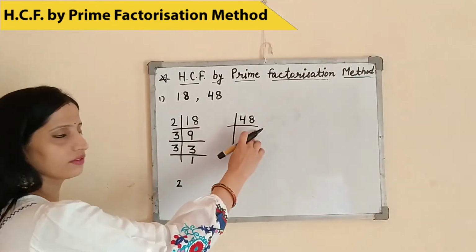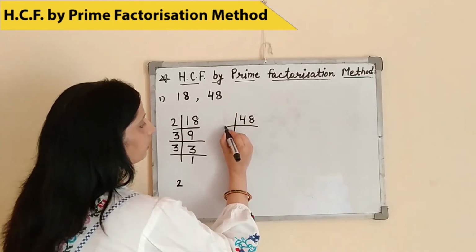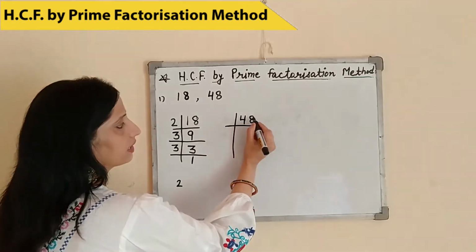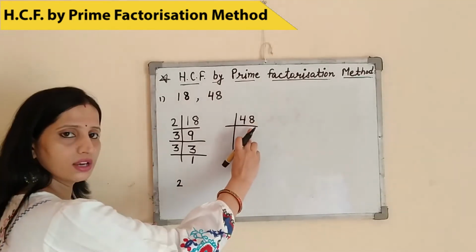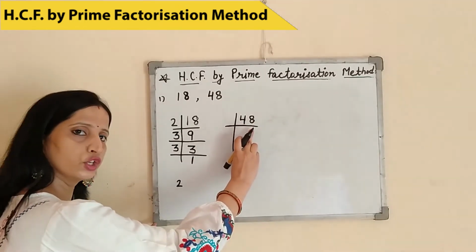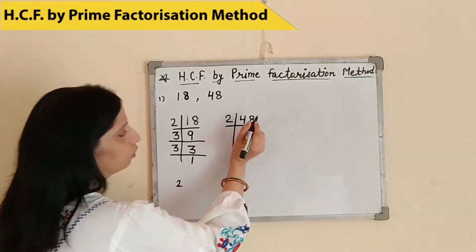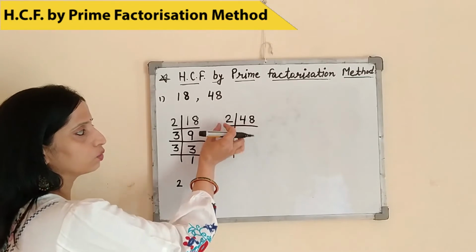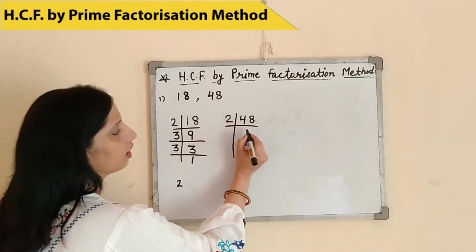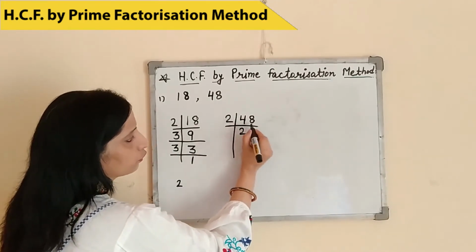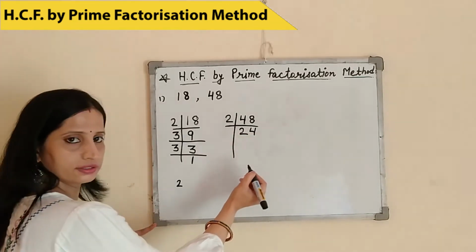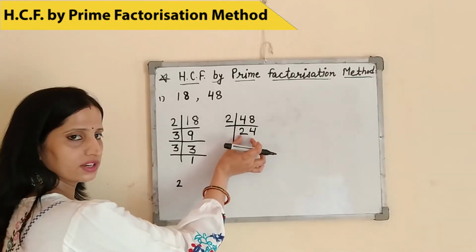Now the same procedure we will apply here. 48. As we can see, 48 is an even number. So it will be divisible by 2. We will start dividing by 2. When we divide 48 by 2, we get 24: 2 2s are 4, 2 4s are 8. Again 24 is an even number.